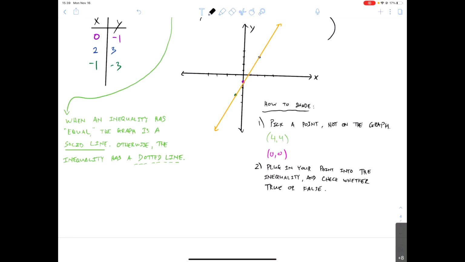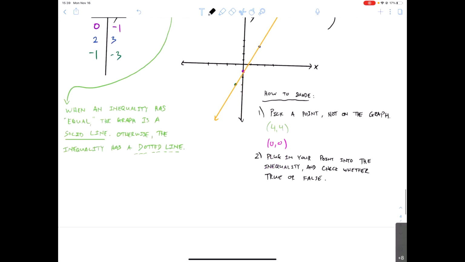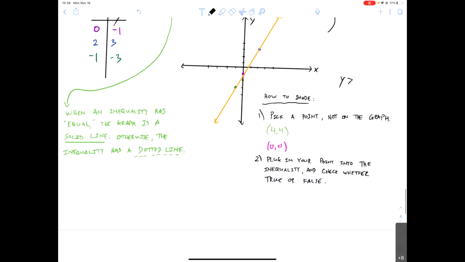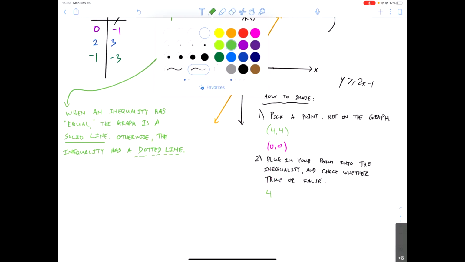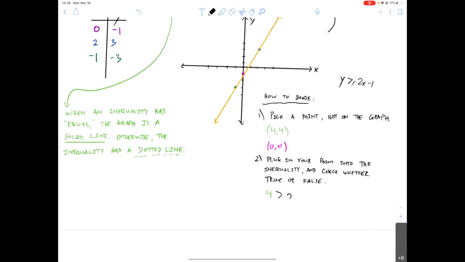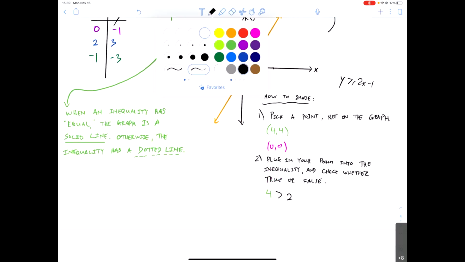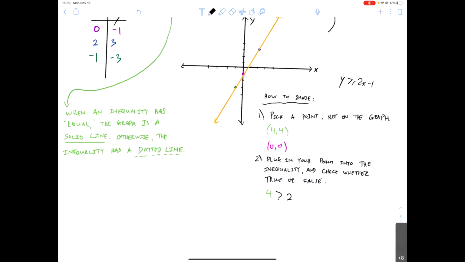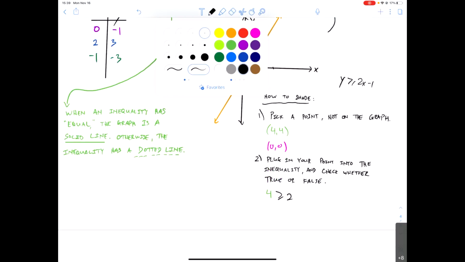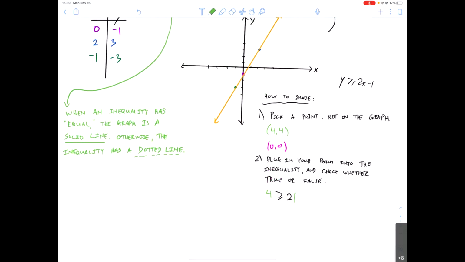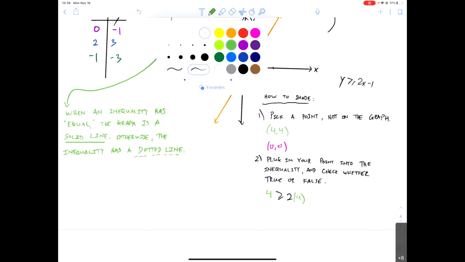So in this case, remember the inequality was, I'll write it up here again, y greater than or equal to 2x minus 1. So I'm going to go with 4 greater than or equal to 2 times 4 minus 1.